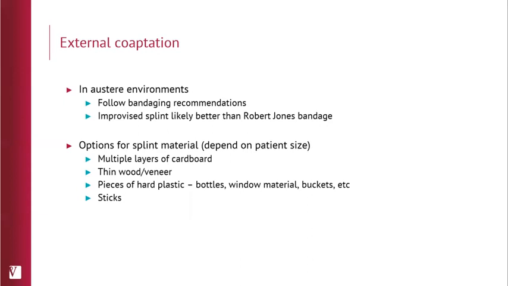So I have seen people take the water bottles, empty them out, and squash them flat. I have seen people take materials from plastic windows, cut up portions of plastic buckets, and worst case scenario, get a stick. You can use a stick as a temporary splint to help make sure that you are stabilizing that luxated area or fractured area of the limb.